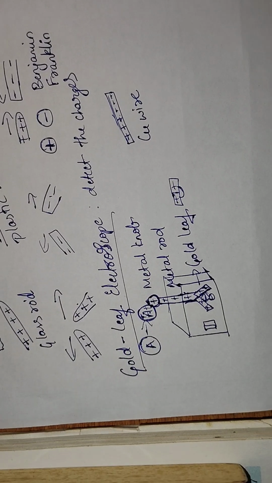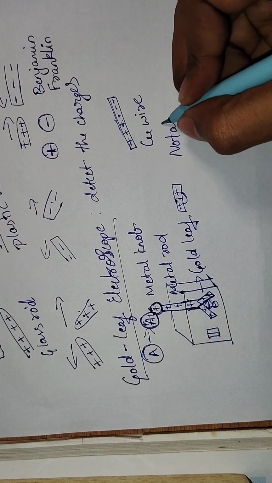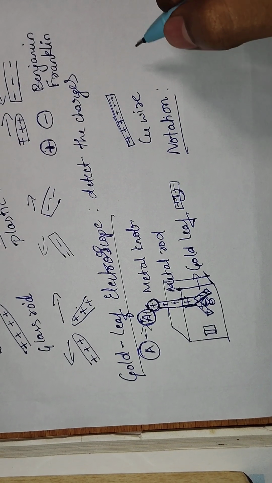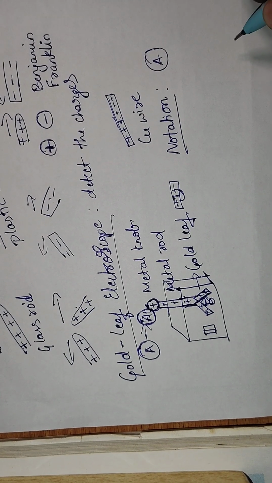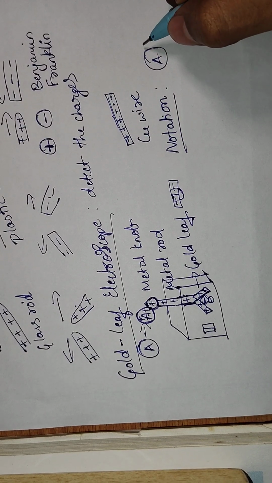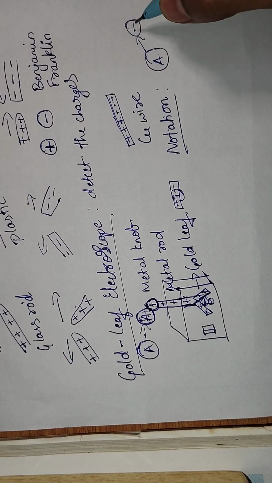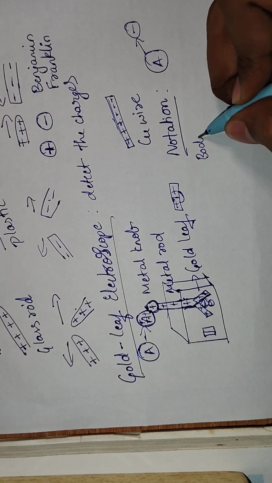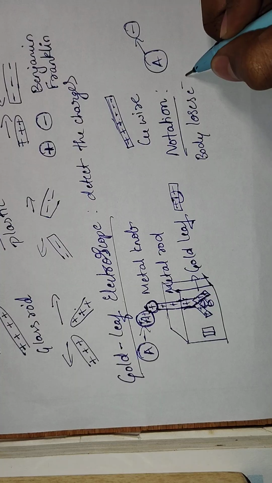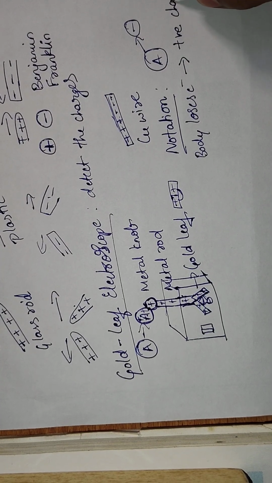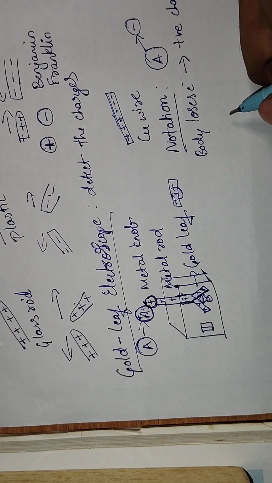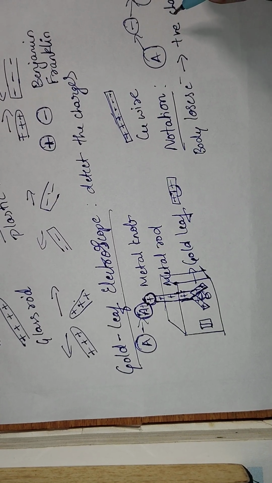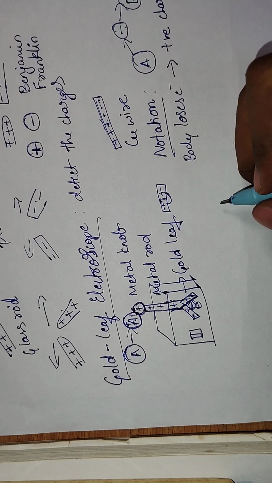Now you need to learn one notation in electrostatics. Whenever a body, suppose you have a body A, loses some electrons, which move away from it, whenever a body loses electrons, we assign a positive charge to it. Similarly, this lost electron, if it is accepted by another body, then that body becomes negatively charged.